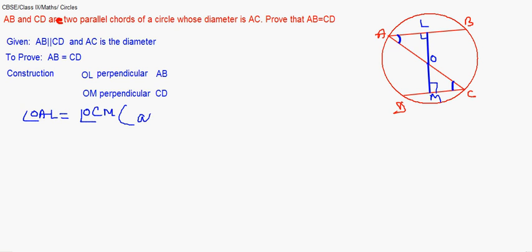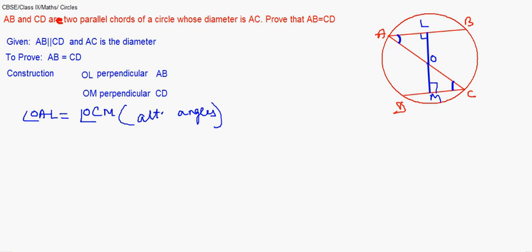They are alternate angles. Now if we can prove the congruency of these two triangles like OLA and OMC, we can prove that CM will be equal to AL. So AB and CD will be twice of them.